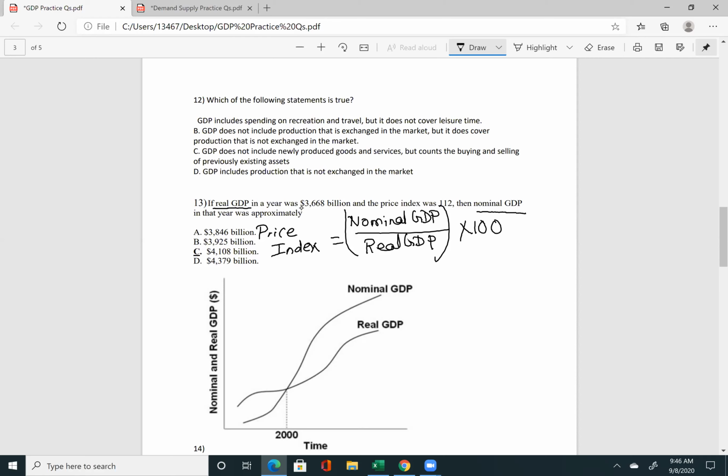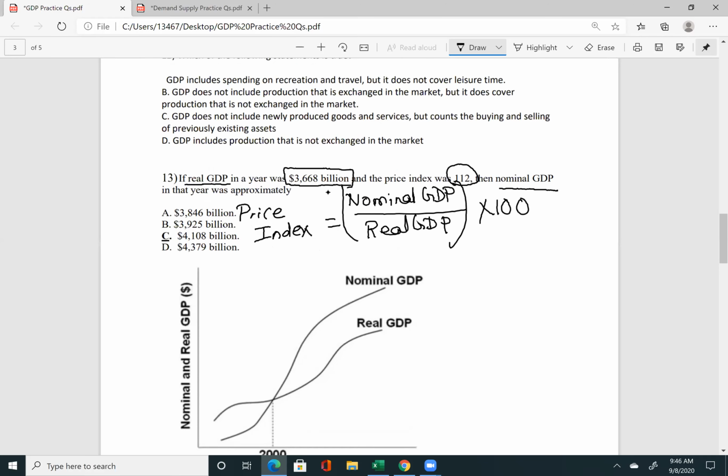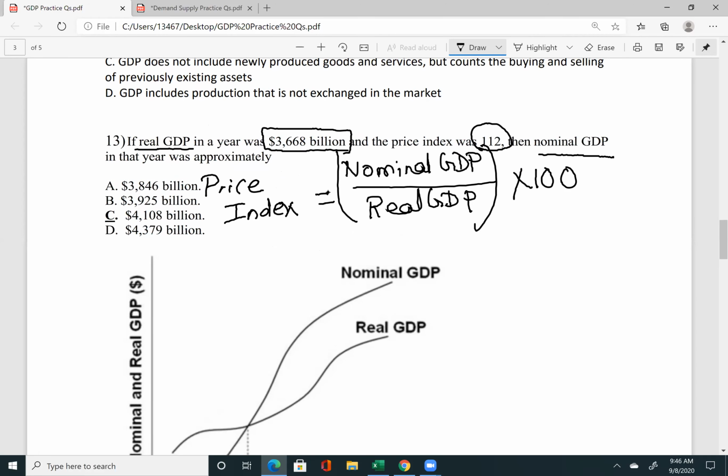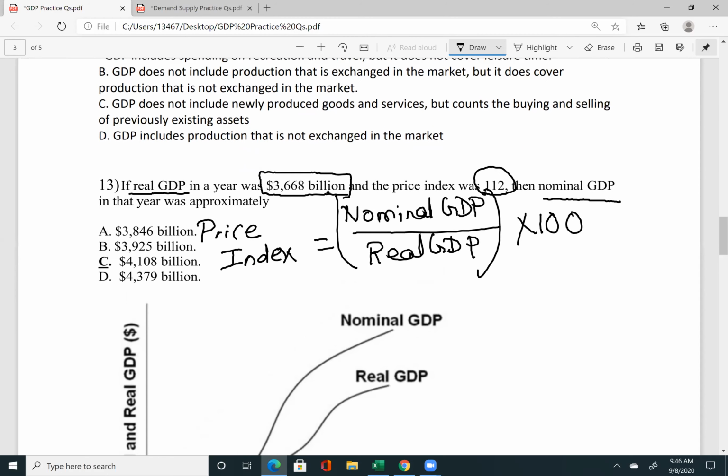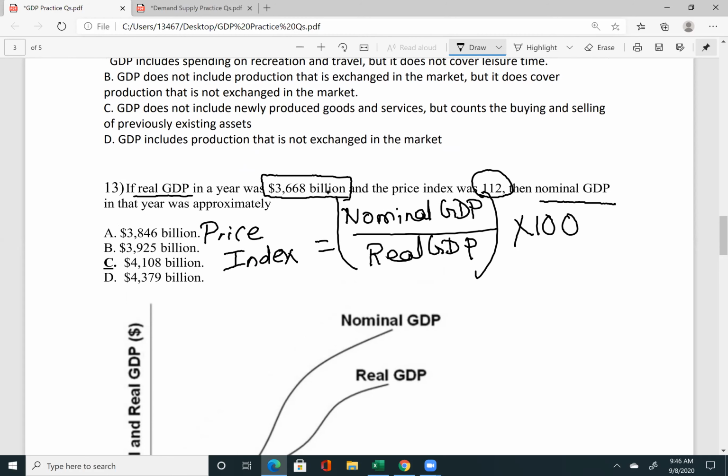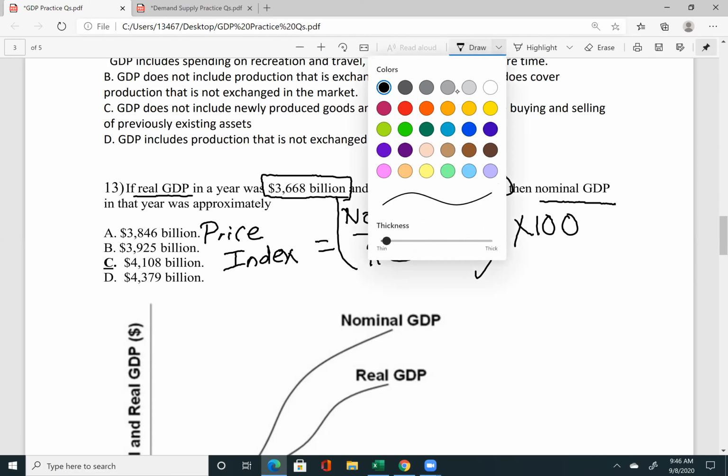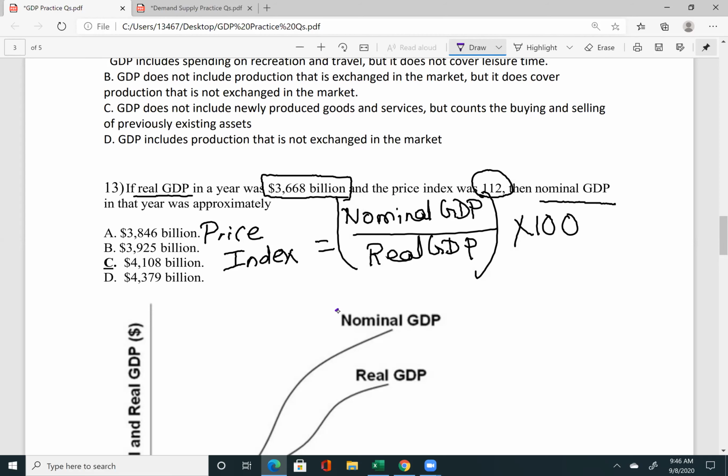Okay, in this question, the price index is given to me as 112. The nominal GDP is what they're asking us to find, and the real GDP is equal to 3668 billion. This is what they have given us. We are going to do some kind of cross multiplication.